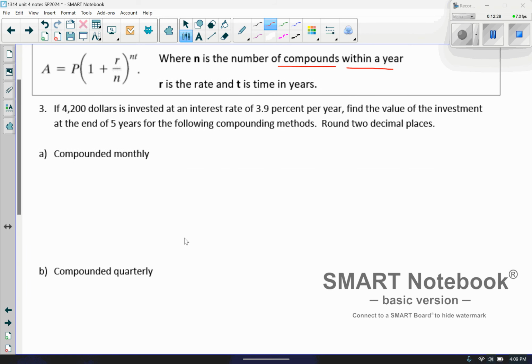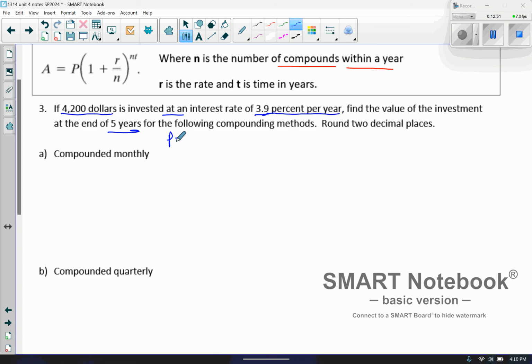So let's go ahead and look at our example here. It says if $4,200 is invested at an interest rate of 3.9% per year, find the value of the investment at the end of 5 years for the following compounding methods, rounded to 2 decimal places. So let's write down what we know.